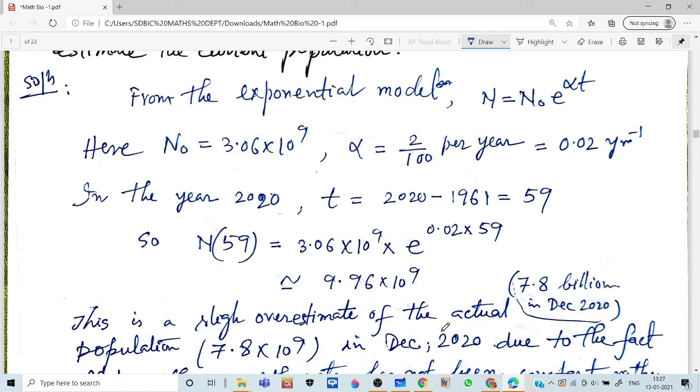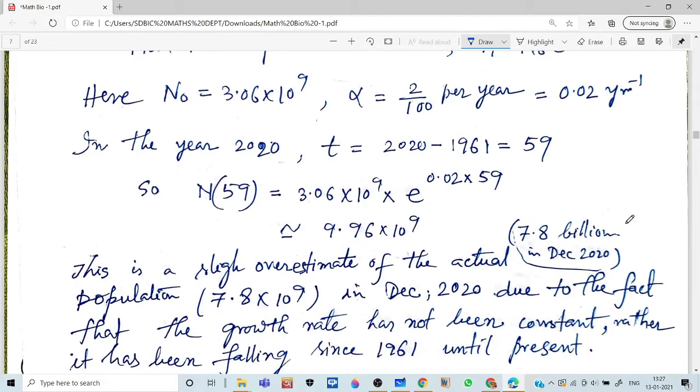By this exponential model, this is the population in the year 2020. But the actual population is 7.8 billion, that is 7.8 into 10 to the power 9. So by this model we get an overestimate, because the actual population is 7.8 billion, but here 9.96 billion.